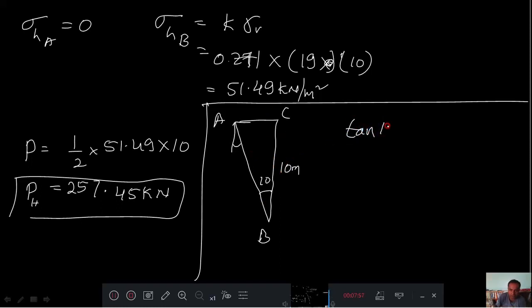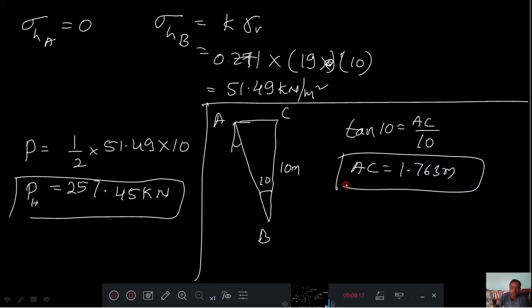Tan 10 degree is equal to opposite AC divided by adjacent 10. Therefore AC equal to 10 tan 10. That is 1.763 meter.